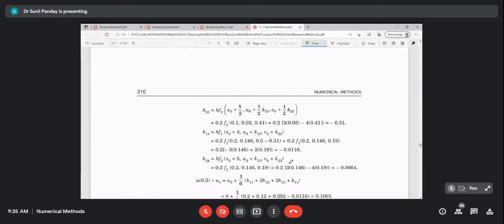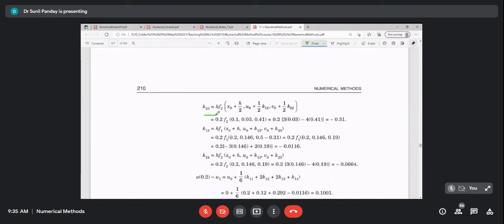Then you require k23, and then again you do the same thing, you will get this, and then here again we require k14 and k24. So it is for u and it is for v.